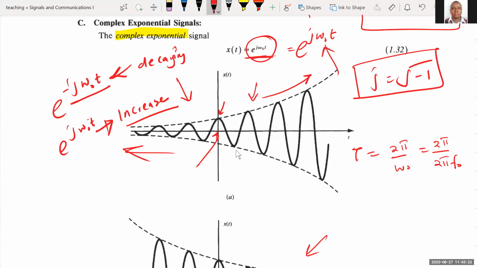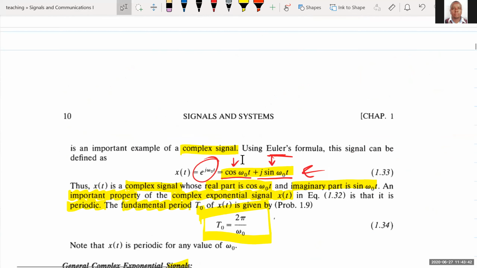Of course these two can cancel, and we find 1 over f naught, and f naught is the fundamental frequency. And therefore, from the fundamental frequency, you can always show how the signal is repeating over time. And that's an important point to observe.